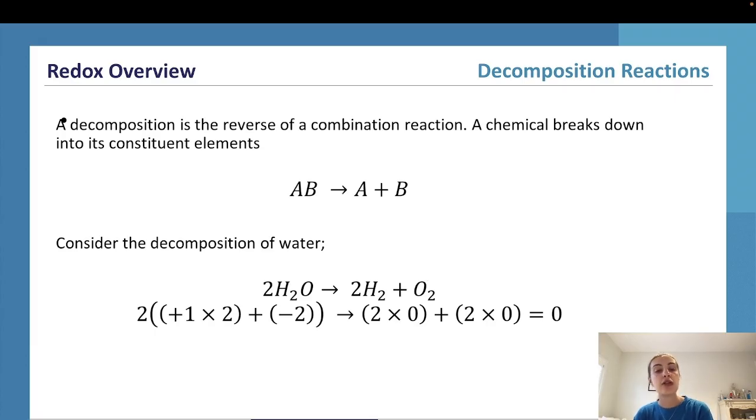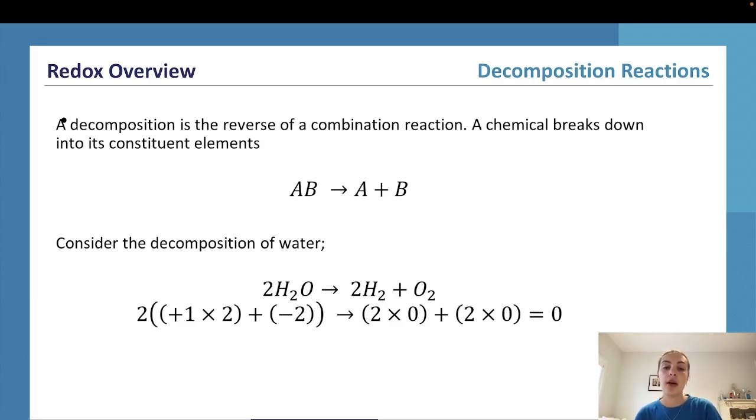And so if the hydrogen is being reduced, that means that it is the oxidizing agent, because when it gains those electrons, it's being donated them by the oxygen. So the oxygen is losing 2 electrons and hence is being oxidized, and so it is the reducing agent. It's causing the hydrogen to be reduced.